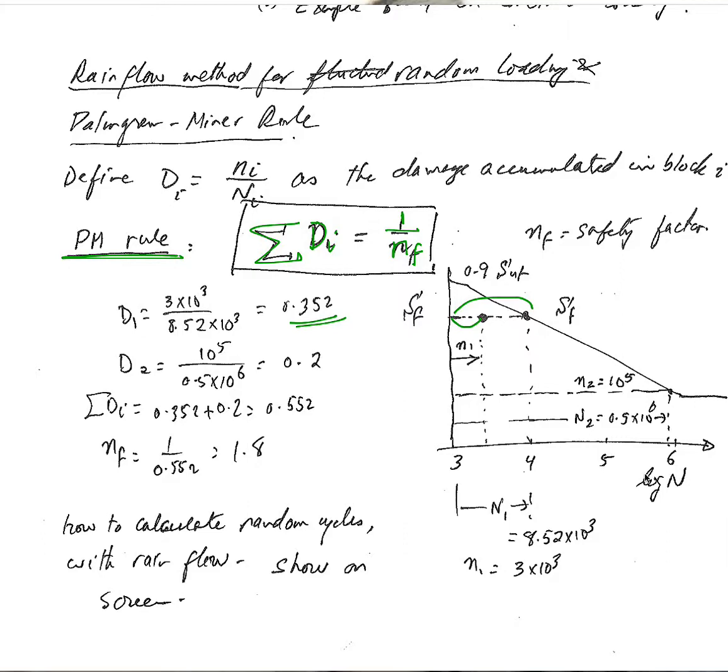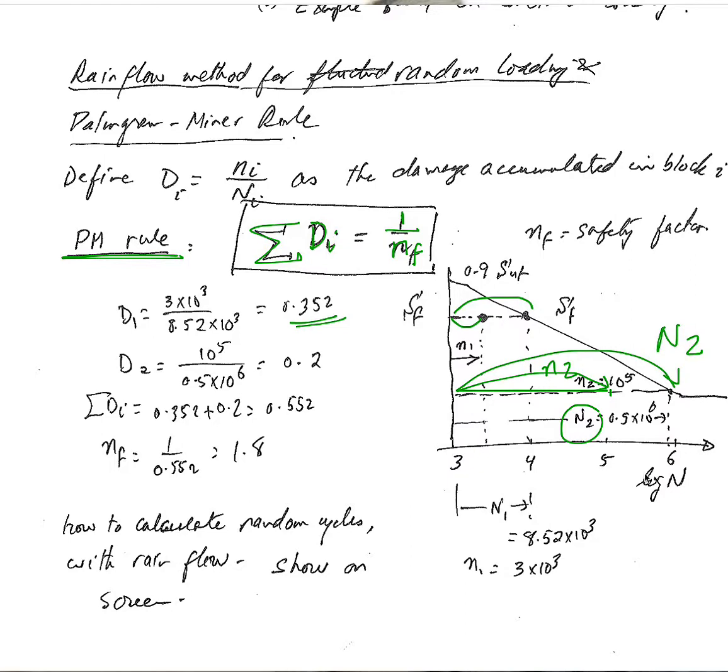And then the second level of cycle is lower amplitude, and that resulted in capital N2 of 0.5 times 10 to the 6, and we used up only 10 to the 5 up to this point. So we use this part only, and not the total capital N1. So this is N2, and this is lowercase n2.